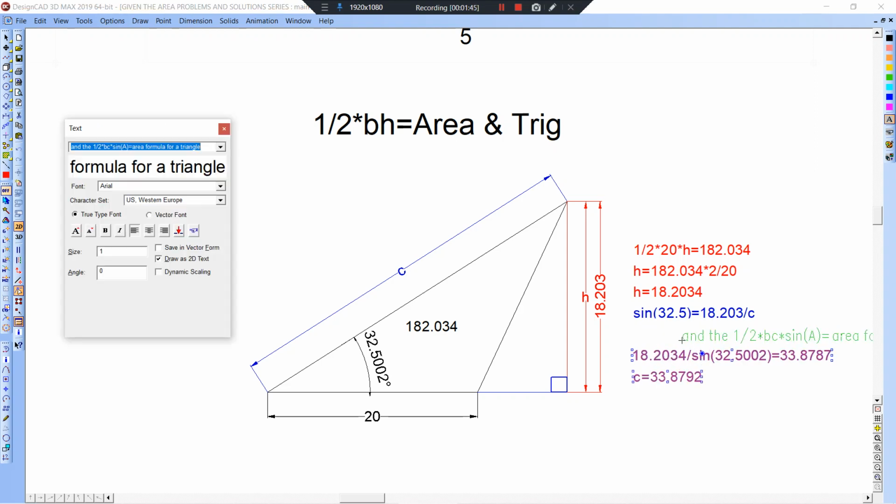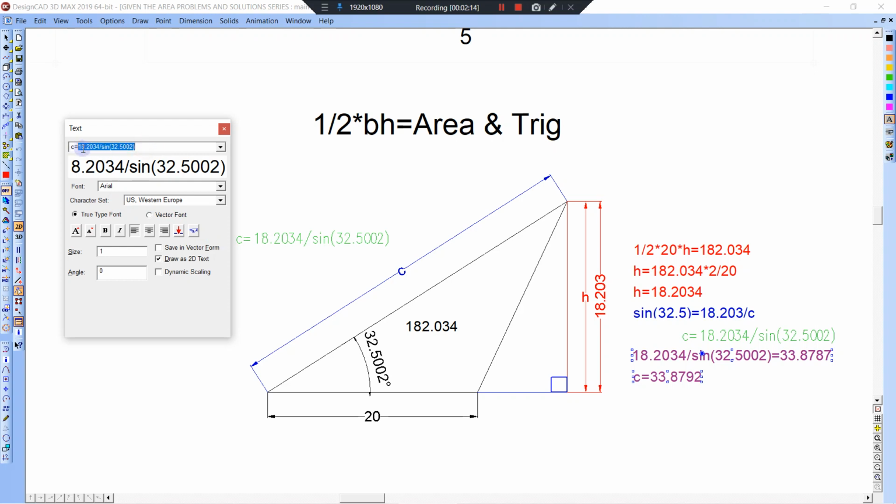So sine of 32.5 is, so we're going to say C is equal to 18.2034 divided by sine of 32.5002, carrying that decimal out very far so that there's no bust in the final answer.